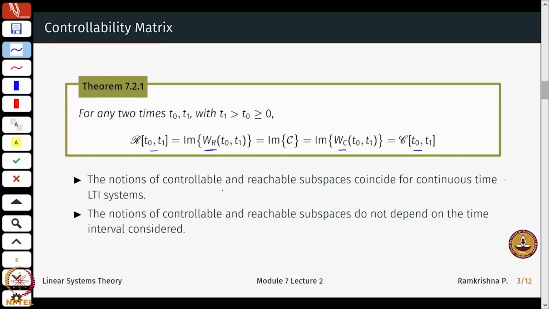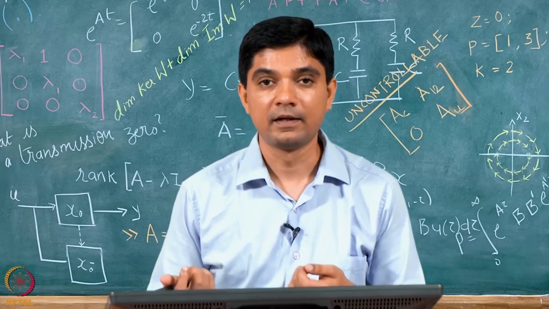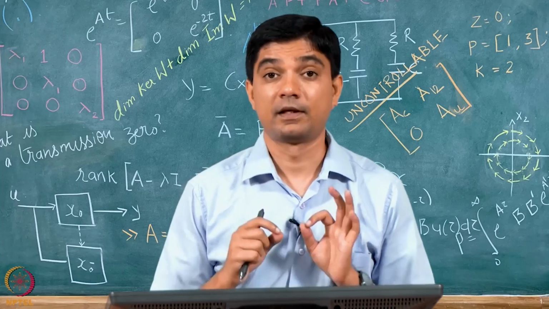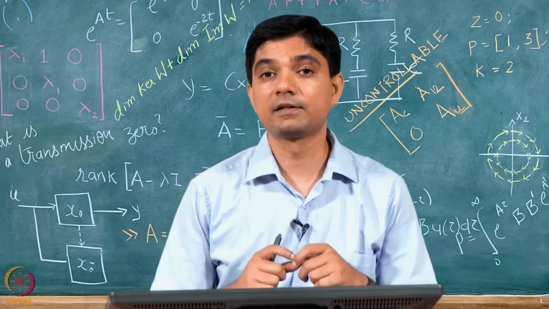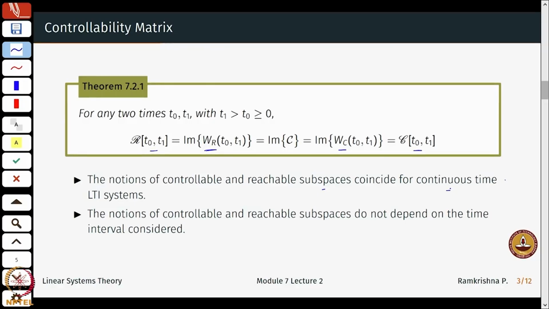The notions of controllable and reachable subspace coincide for continuous time LTI systems. So, if I say a system is controllable, it also means it is reachable in the LTI case, continuous time. So, that's what I will emphasize. Whenever they are not equal, I will tell you why they are not equal.